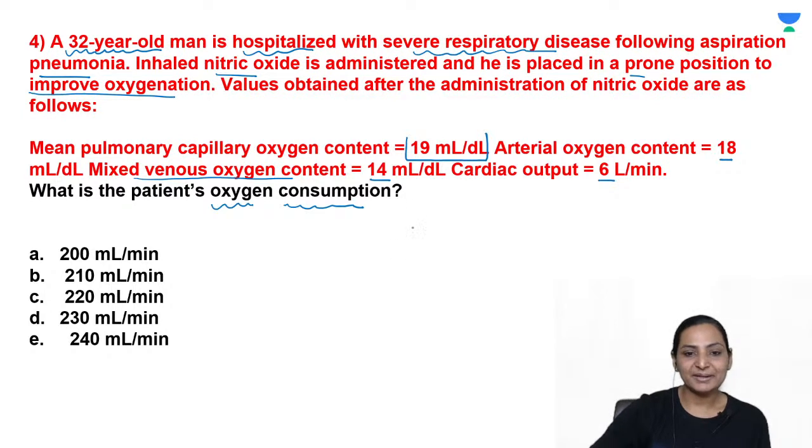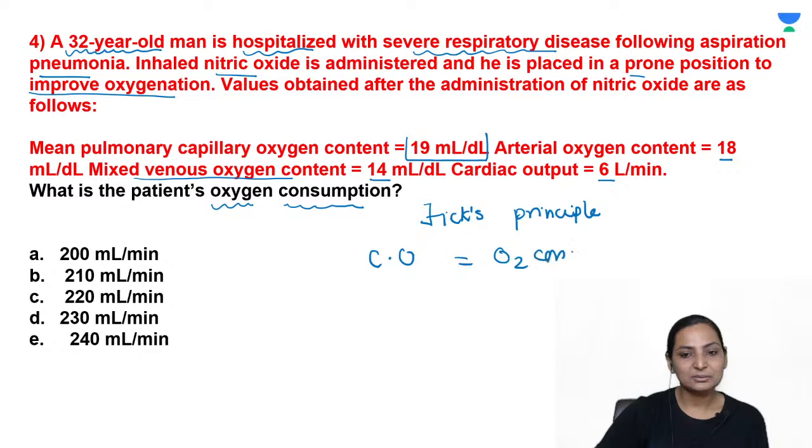Normally, whenever we use Fick's principle, the question is to calculate the cardiac output. By Fick's principle, the cardiac output is oxygen consumption divided by arteriovenous oxygen difference.